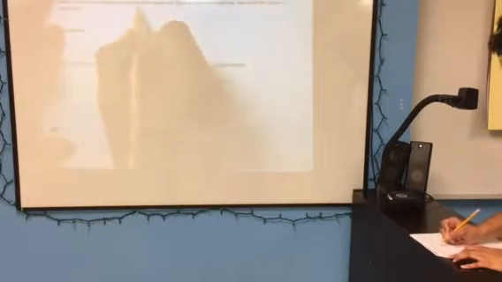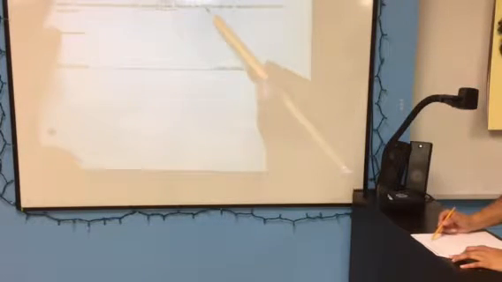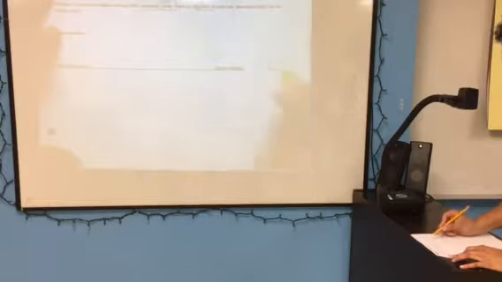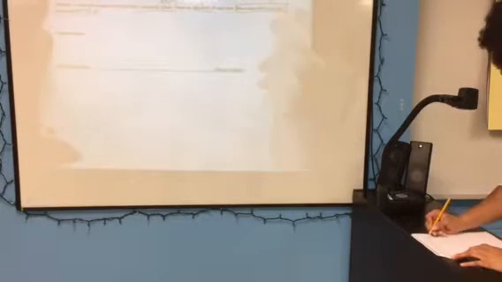So the display shelf has DVDs stacked in 3 rows. That's important. I know that that's my number of groups. There are 246 DVDs in each row. That's my amount in each group. How many DVDs can the shelves hold? That is my big question, or what I'm solving for.